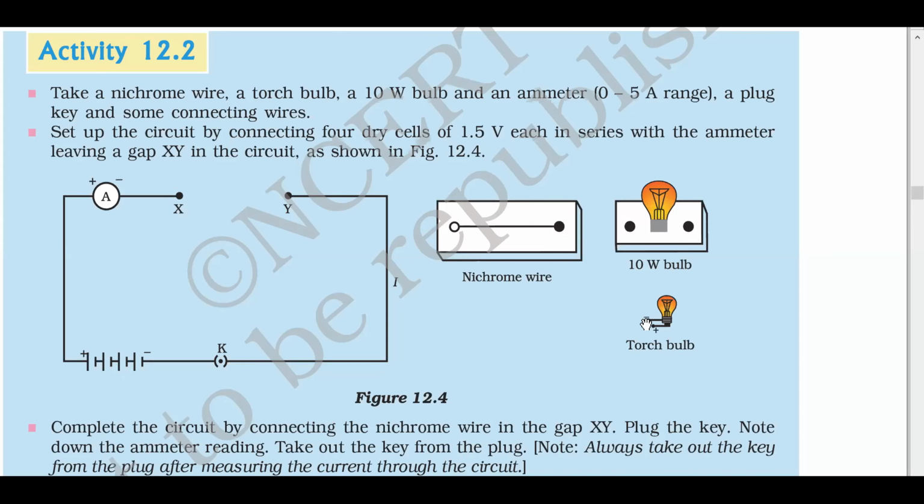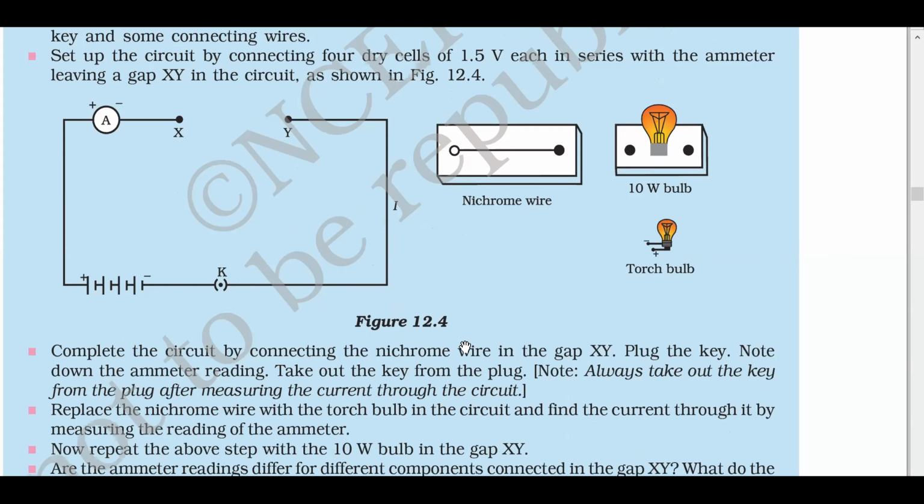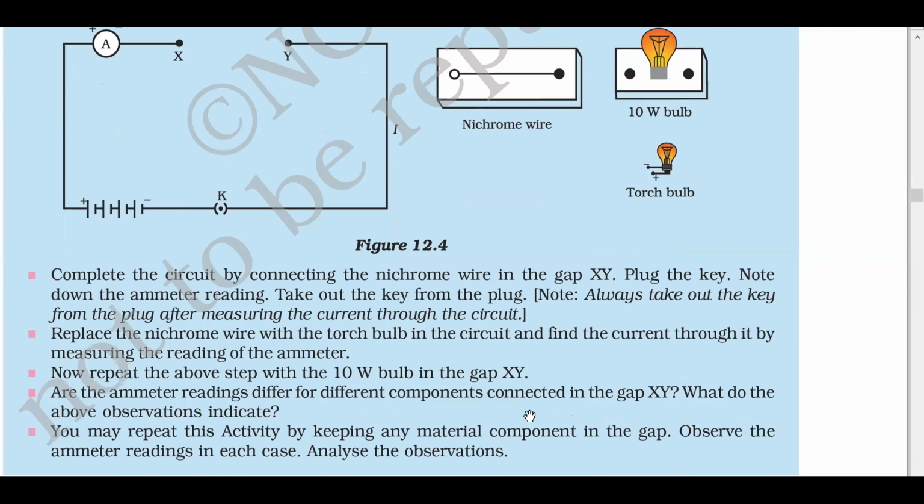Then we will disconnect nichrome wire. We will connect the bulb and then again we will take the ammeter reading. Then we will connect the torch bulb and again take the ammeter reading. So what we will observe is that ammeter reading is different for different components connected in gap XY.